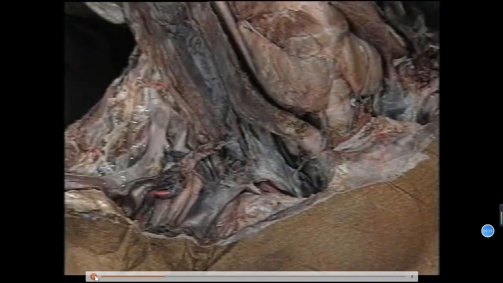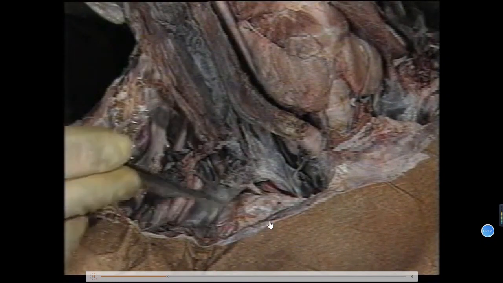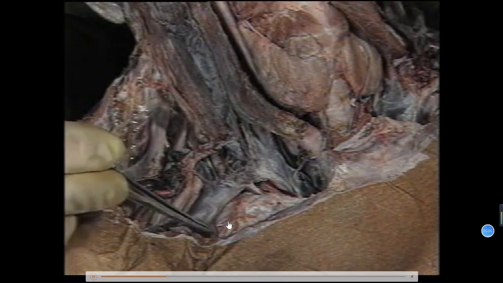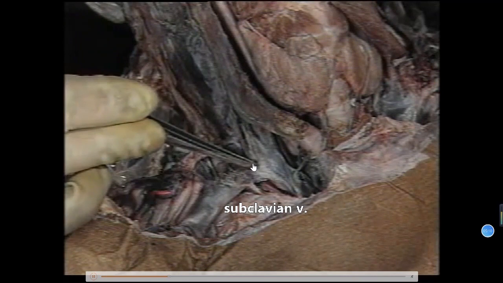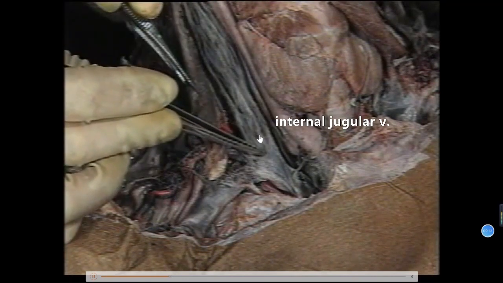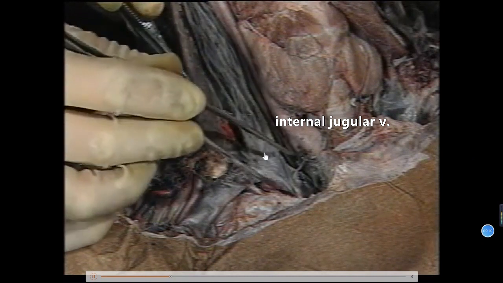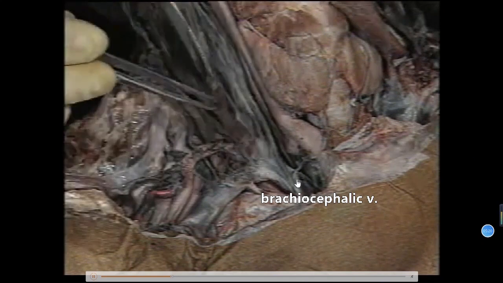Clean some veins here. This is the upper surface of the first rib. Then look at this vein, subclavian vein, internal jugular vein. Then together, brachiocephalic vein.